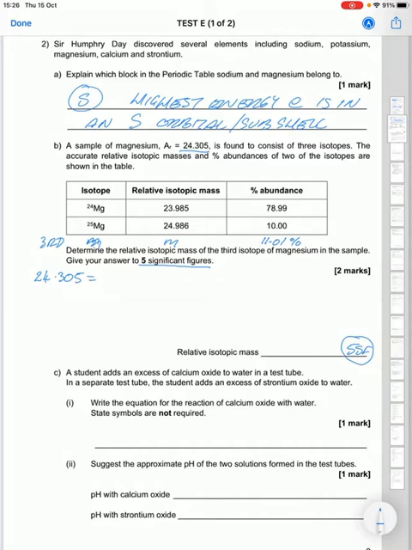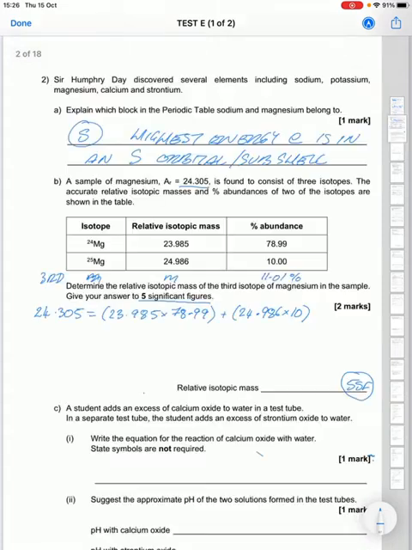That is equal to 23.985 times 78.99 plus 24.986 times 10 plus 11.01 times m, all divided by 100.